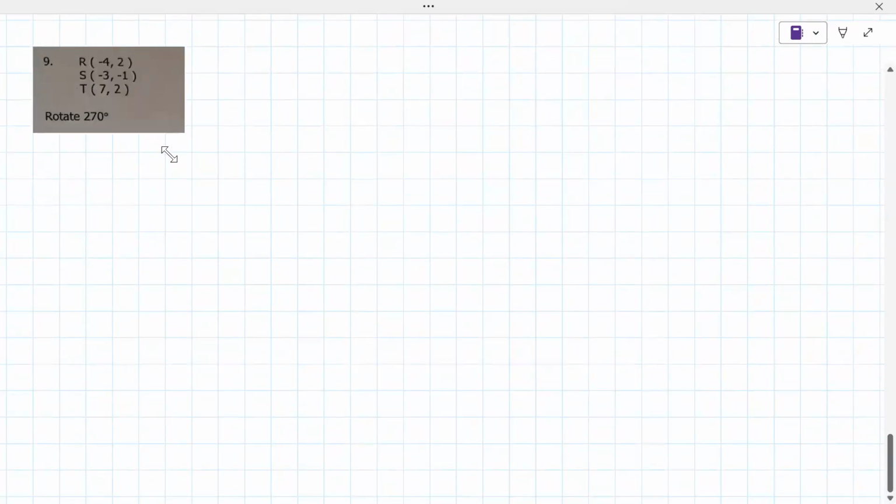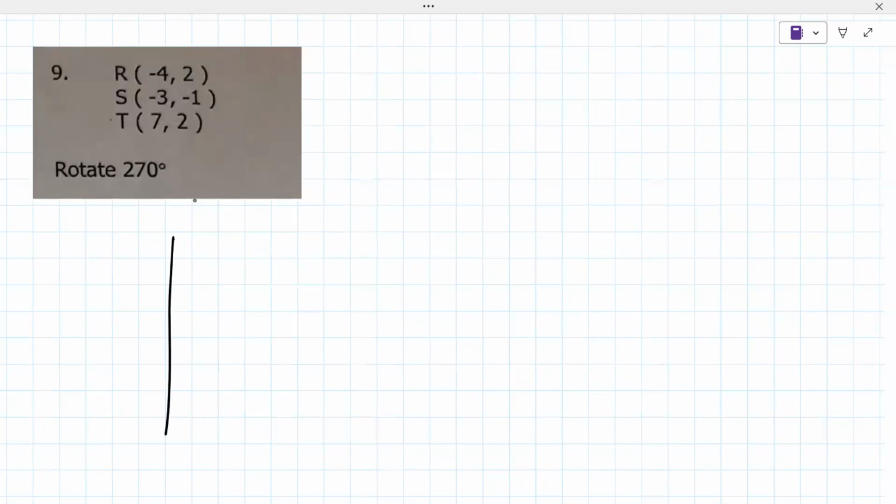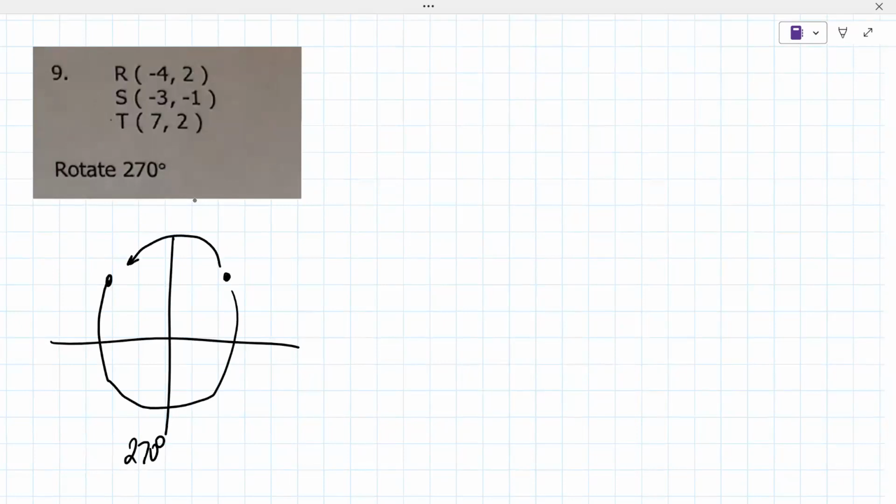You'll see me drawing this sort of coordinate thing. So 270 is 90, 90, and another 90 gets you over here. But you can also get to it by going backwards 90. So this is 270 clockwise.